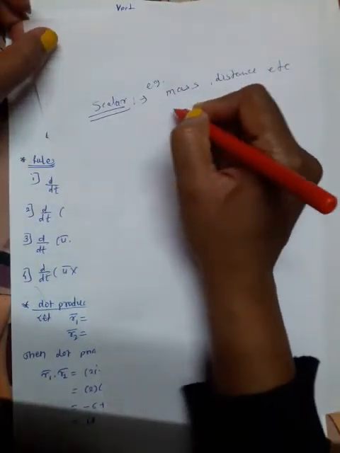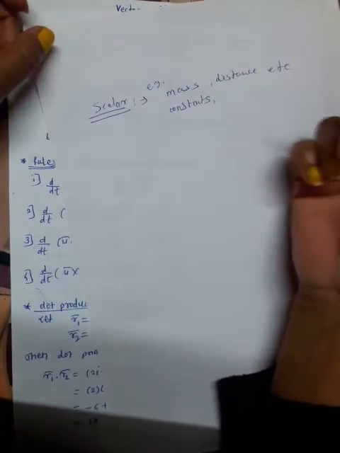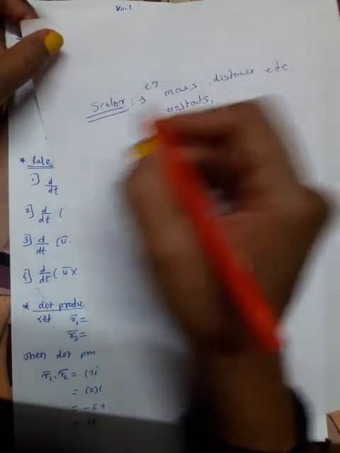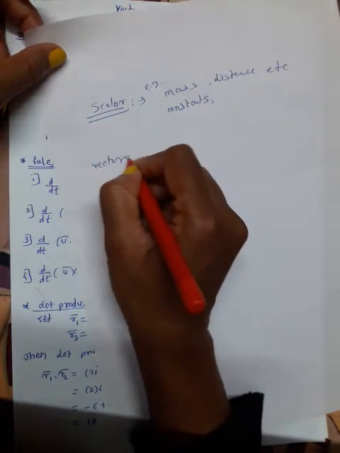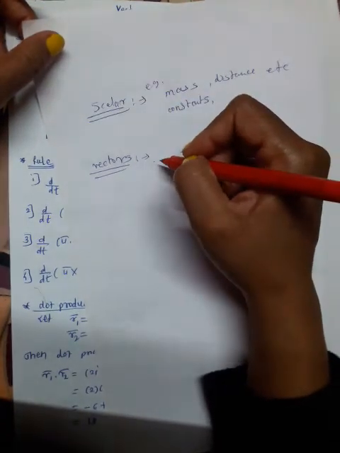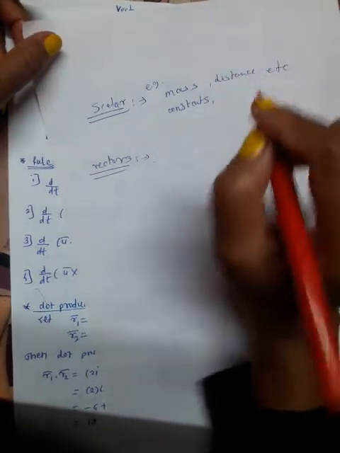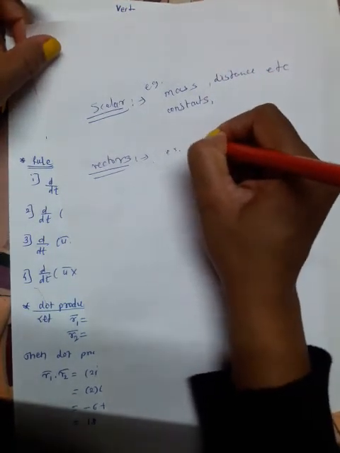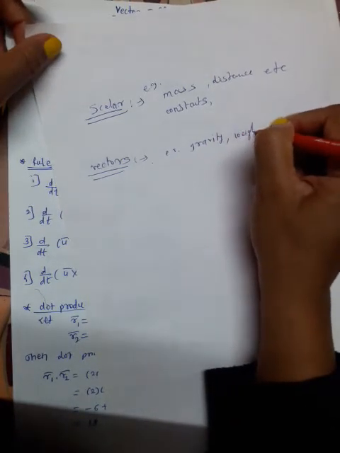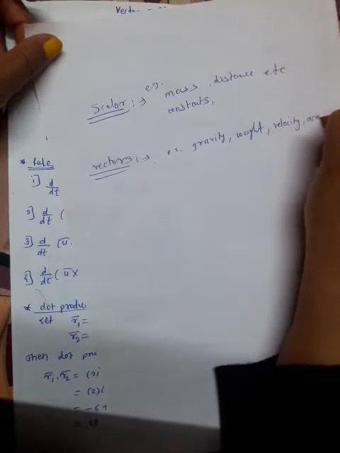For example, constants and numbers are also scalars: 1, 2, 3, 4, a, b, c, d. We are using those in examples. Those are scalars. And the opposite of that we have vectors. In addition to magnitude, vectors need direction also. For example, gravity, weight, velocity, acceleration, speed.